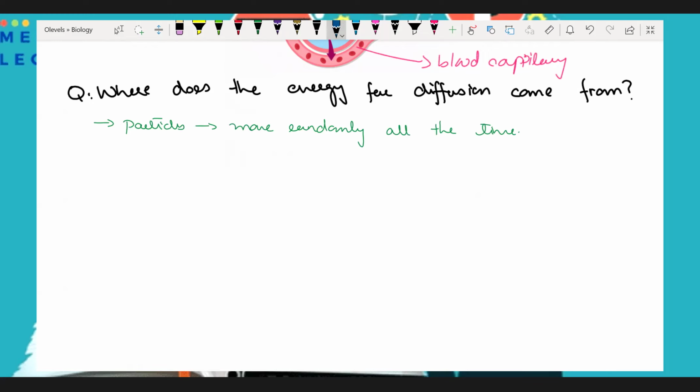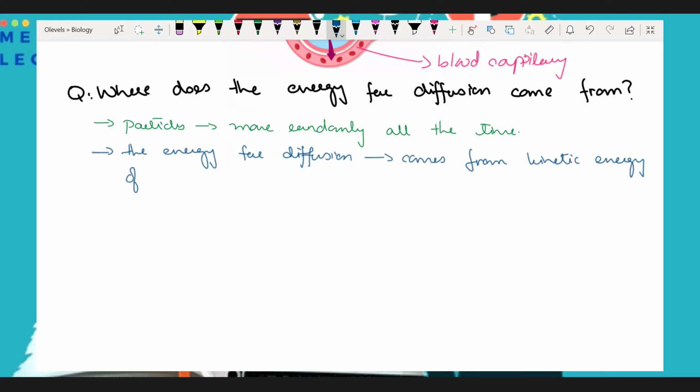And the energy for diffusion comes from the kinetic energy of this random movement of molecules and ions, right?